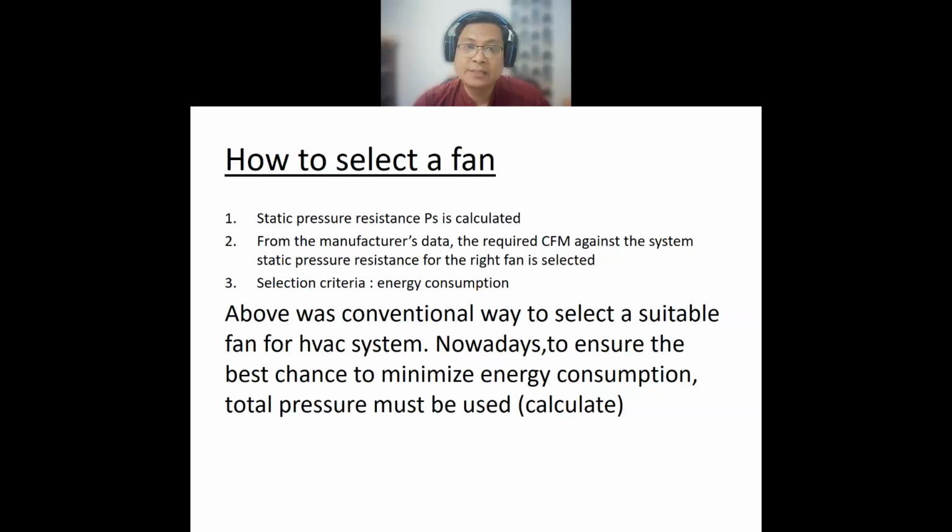Based on the type, some may consume higher energy, so we can select based on low energy consumption while still satisfying the CFM and all the delivery requirements in the hatchback area.